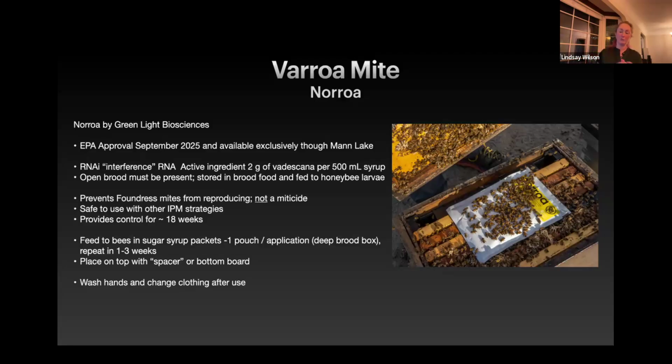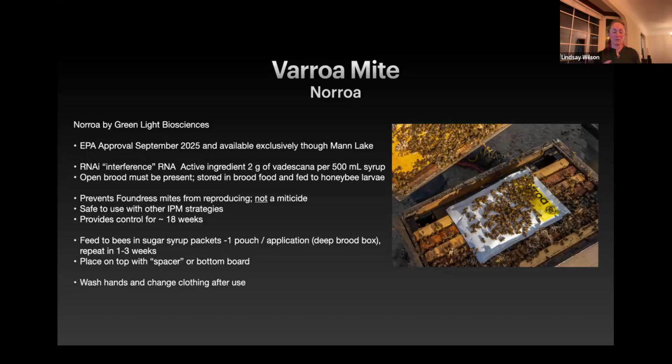So they need to eat all the food and store it in the brood food. That's the tricky part about this: if you have a big honey flow on, they're not going to take up the syrup. They don't want it. If you're feeding them something else, they're not going to want it.